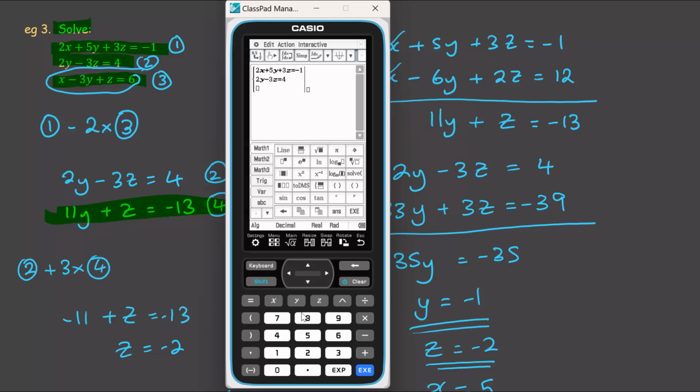And the last one is x - 3y + z = 6. We have to tell it here that we're solving for x, y, and z, and then it will just do it. 5, negative 1, and negative 2.